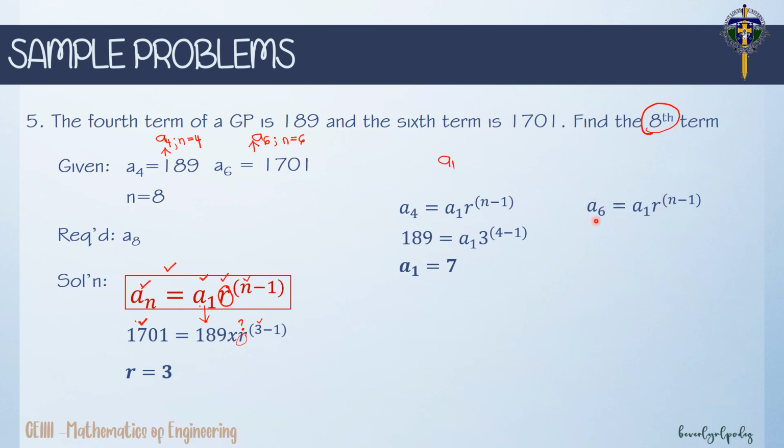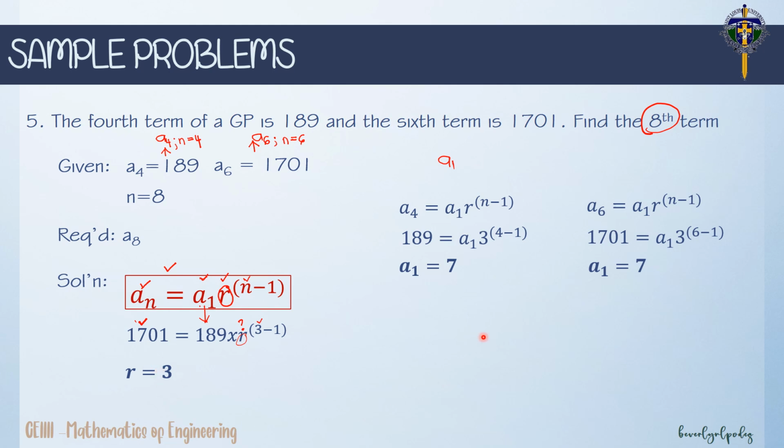We know the value of the sixth term to be 1701, equal to the unknown first term multiplied by the ratio, which is 3, raised to 6 minus 1. Therefore, a1, the first term, is 7. So whichever value you use, you should arrive at the same value of the first term because we have this common ratio.